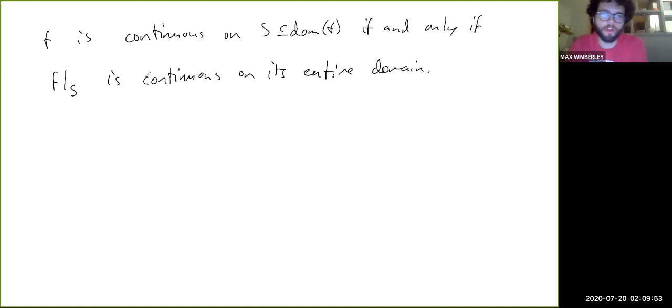That should be pretty obvious, actually. With uniform continuity, there are some subtleties that I think I talked about in the video about uniform continuity, so I'm not going to talk about that here. But with normal continuity, this is pretty straightforward. And so restriction could be a handy way to notationally manipulate this idea, or just to understand it.